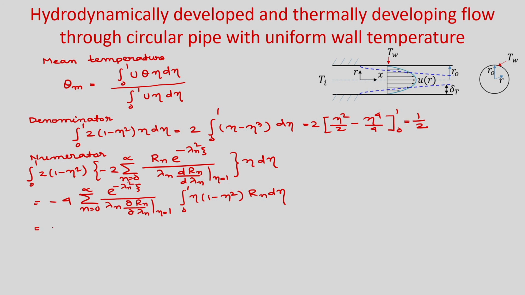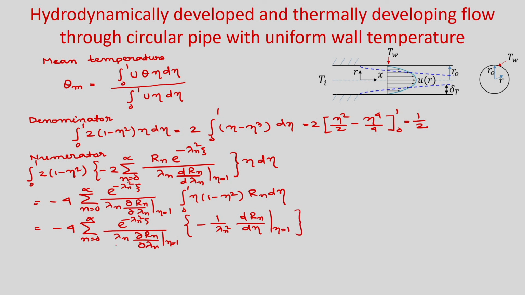So, this you can write as minus 4 summation of n equal to 0 to infinity e to the power minus lambda n square xi lambda n del r n by del lambda n at eta is equal to 1, and this integral already we have found. So, it is minus 1 by lambda n square d r n by d eta at eta is equal to 1. Okay.